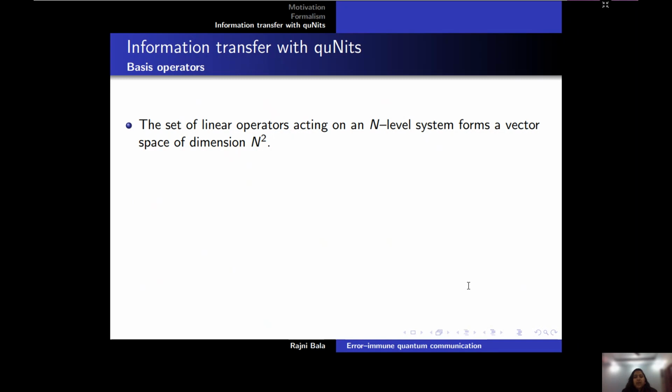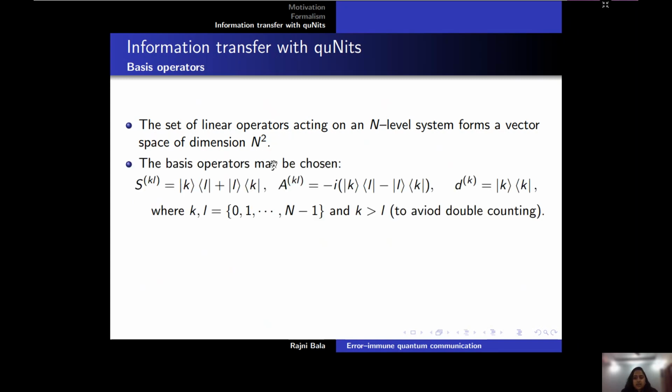Now, whenever we have an n-level system, the corresponding operator sits in an n-squared dimensional space. Therefore, we need to define n-squared basis operators for the same, which are defined as this. Here we have defined three sets of operators, in which D_k are diagonal operators, which are n in number.